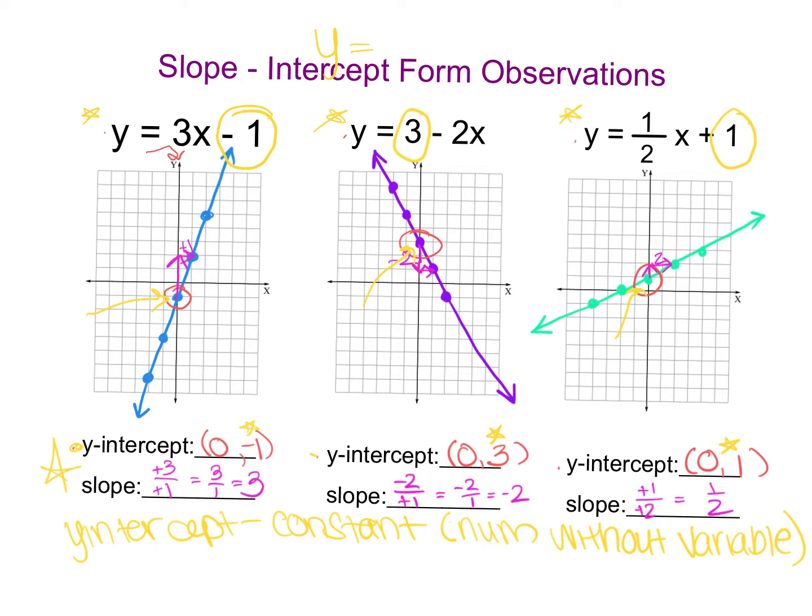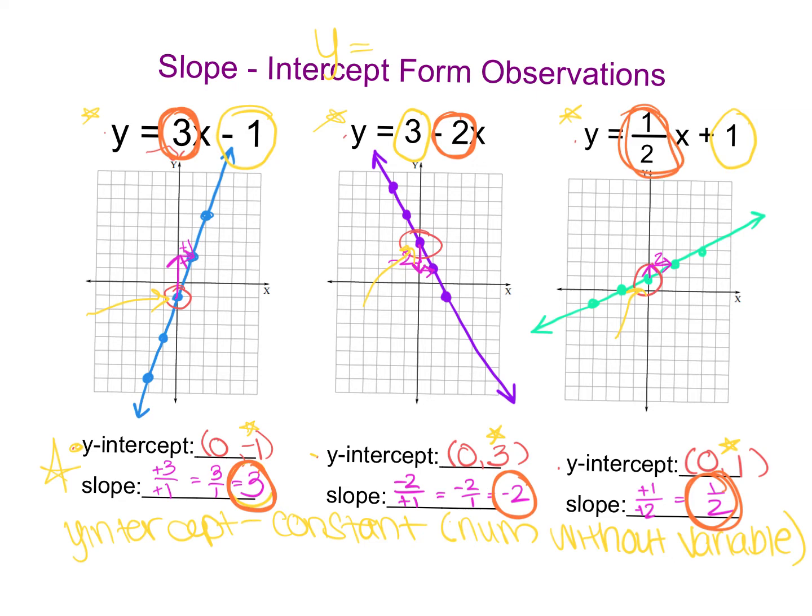Now, if I flip gears here and I focus on the slope, I notice slope here is 3, slope here is -2, and slope here is 1/2. Well, when I look up at my equations, what I see is that slope is found right next to x.